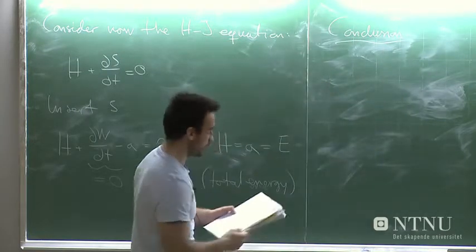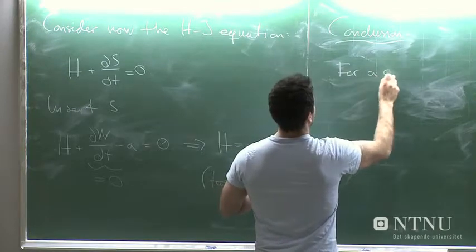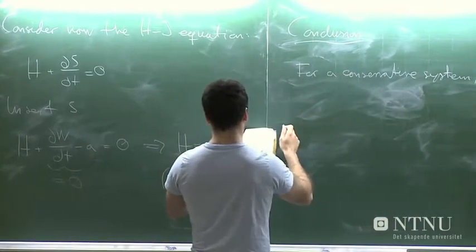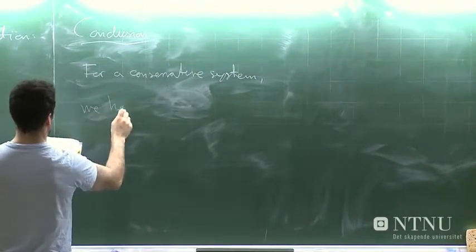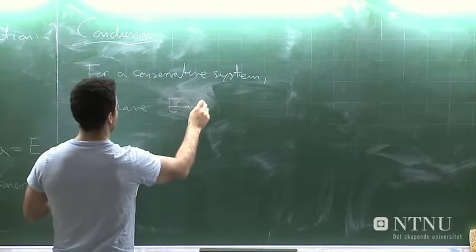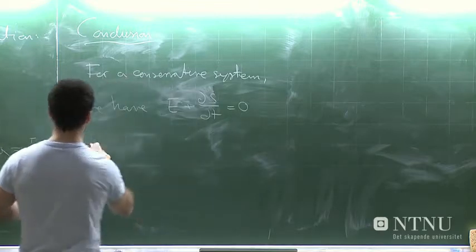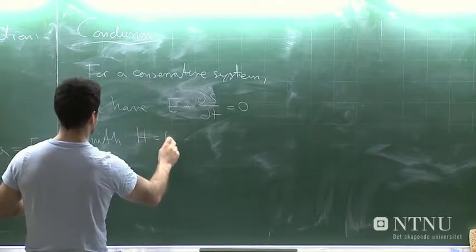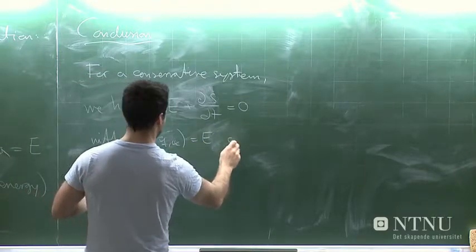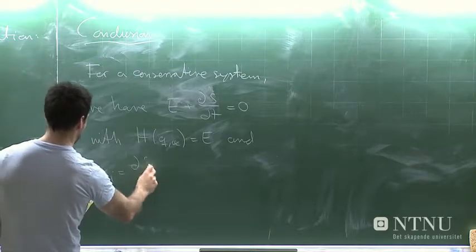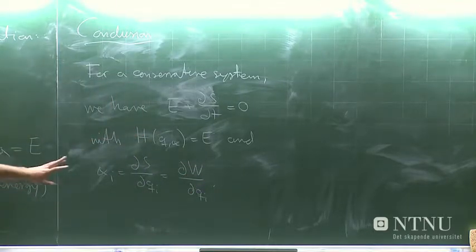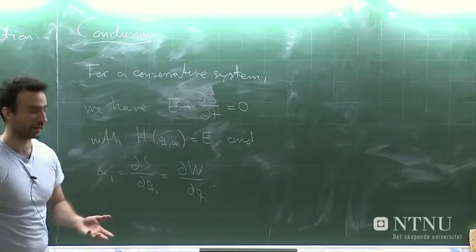So the conclusion here is the following. The Hamilton Jacobi equation for a conservative system takes the following form, since the Hamiltonian is simply the energy.